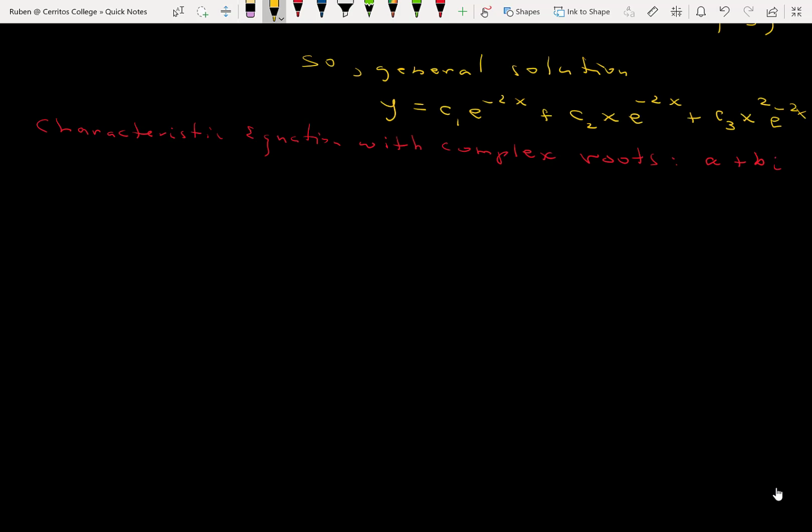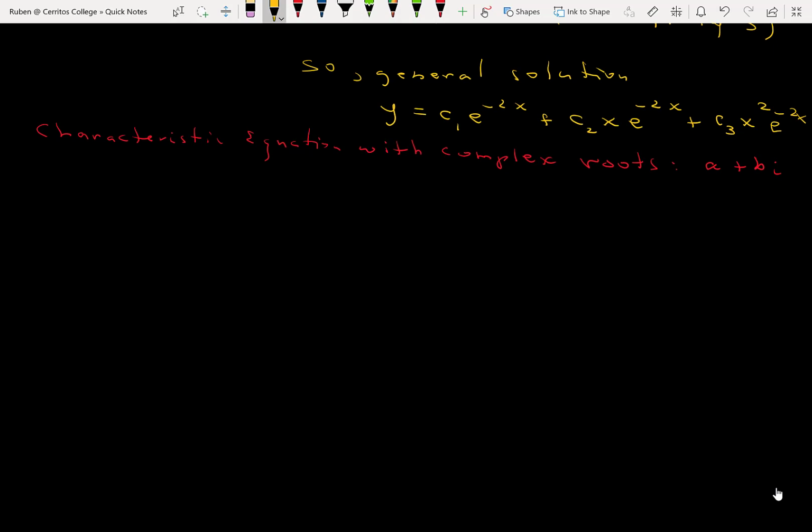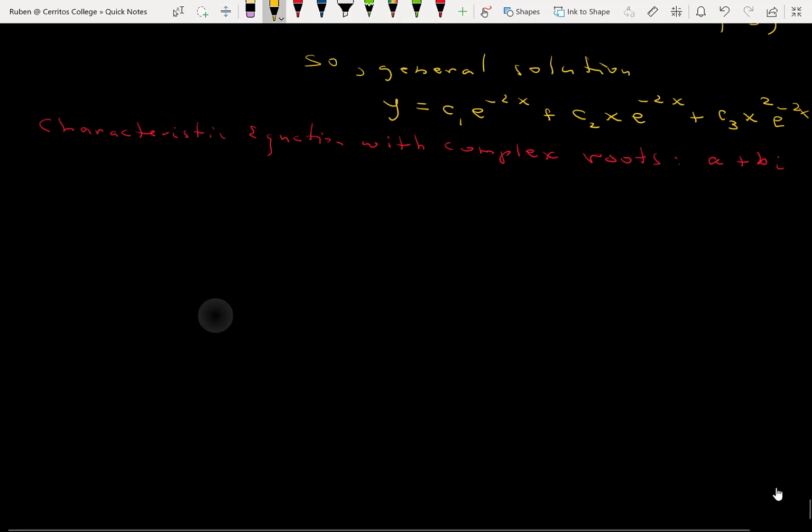In order to do this, we're going to need a formula that occurs really often in physics and engineering that you may have seen. I might have shown it to you in another application. In case we didn't look at it though, we have a formula. It's called Euler's formula. It's not so much important that you remember the name, but the formula is important.